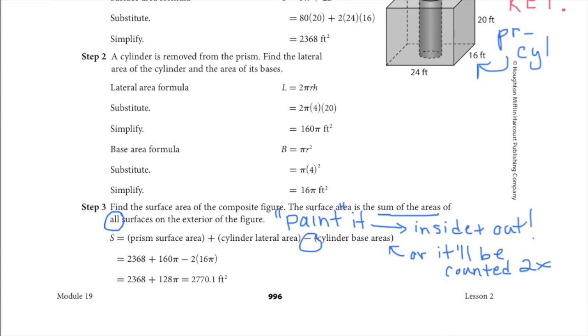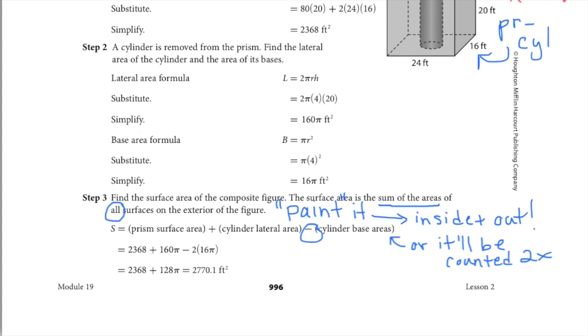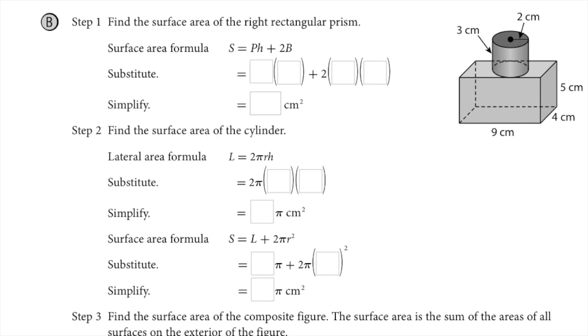So that subtraction is really key to pay attention to. And as we put in those pieces, again, notice things are in terms of pi until the very last step. We get 2,770.1 feet squared.